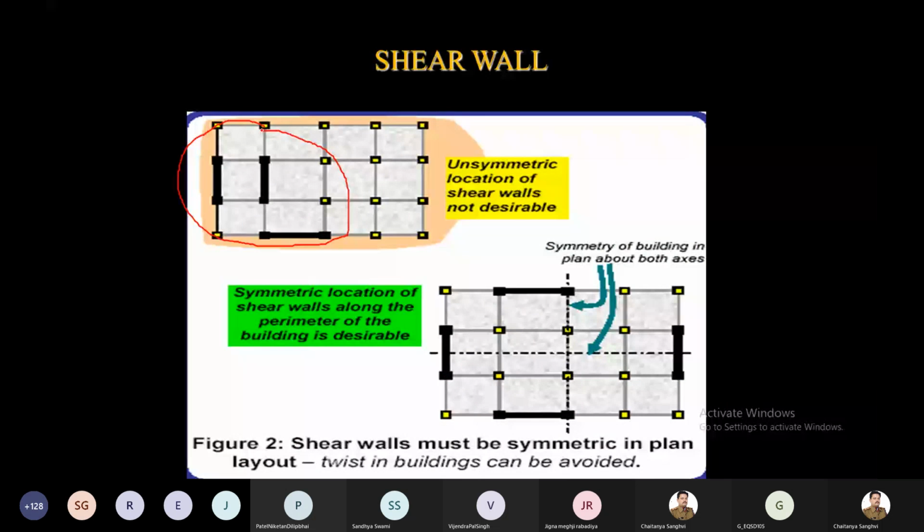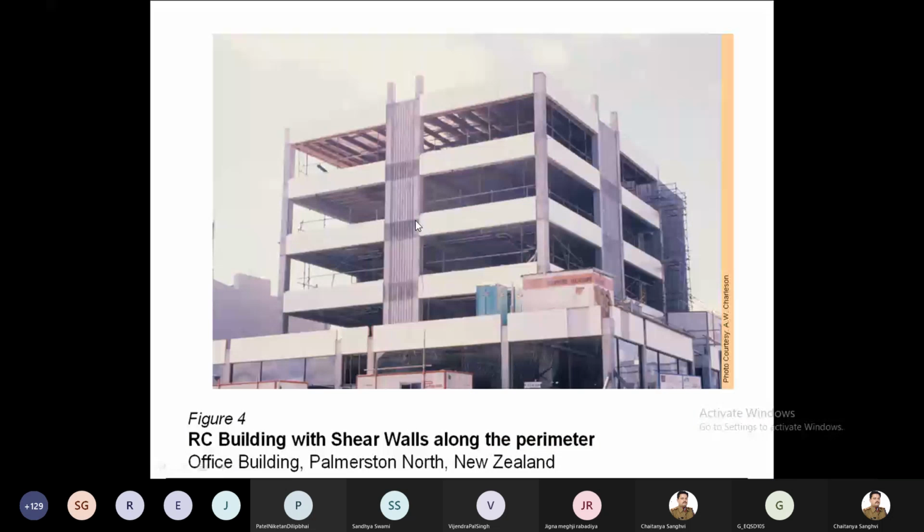But you have to place the shear wall like this, which is placed symmetrically, and it performs well. If you look at this, it is placed symmetrically, one on this side, on the back side, the same way here, on the back side it is provided. So it is placed very symmetrically, and it continues from top to bottom, which is important. The shear wall should not be curtailed at the first story. Remember, this is very important.